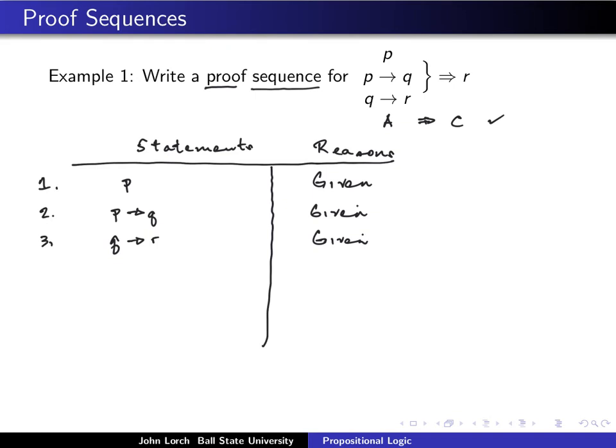Okay, now I need to go beyond to supply our first intermediate statement. So what you might notice is that I know P and I know if P then Q. So if you look at your list of derivation rules, under the list of inference rules, there's this thing called modus ponens, which says that if we know P and we know if P then Q, then we must also know Q. So that's modus ponens.